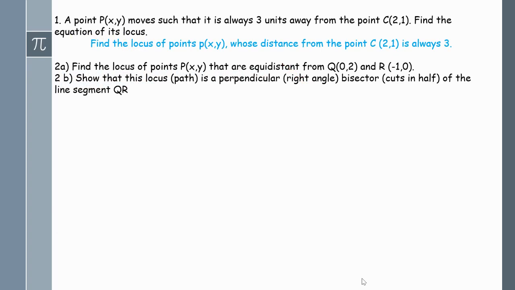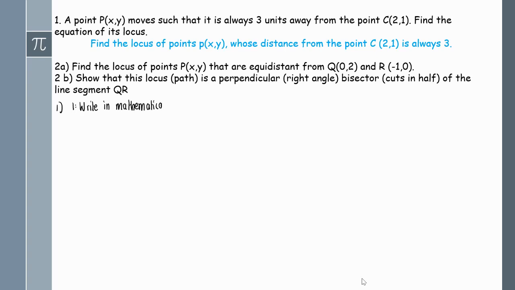First example, we have 2. A point P(x, y) moves such that it is always 3 units away from the point C, where C has coordinates (2, 1). Find the equation of its locus. The first thing we have to do is rewrite this rule using mathematical notation.